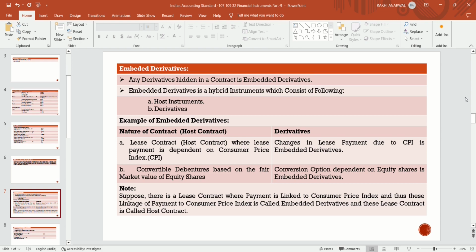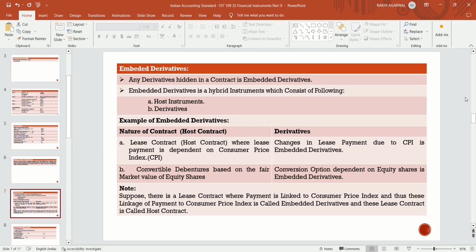And if there is any convertible debenture based on the fair market value of the equity shares. Suppose any debenture depends on the market price, so the conversion option. In this case, the derivative will be the conversion option dependent on the equity shares, an embedded derivative.